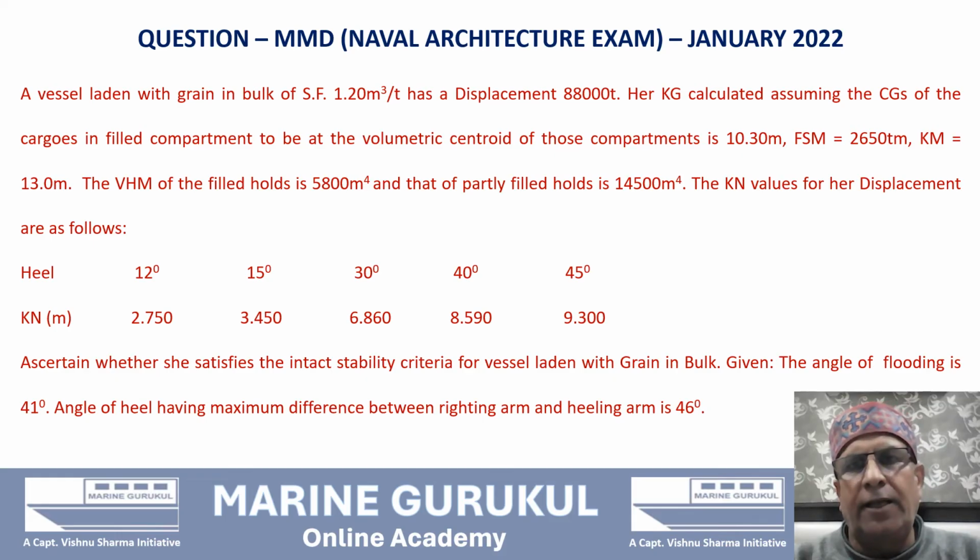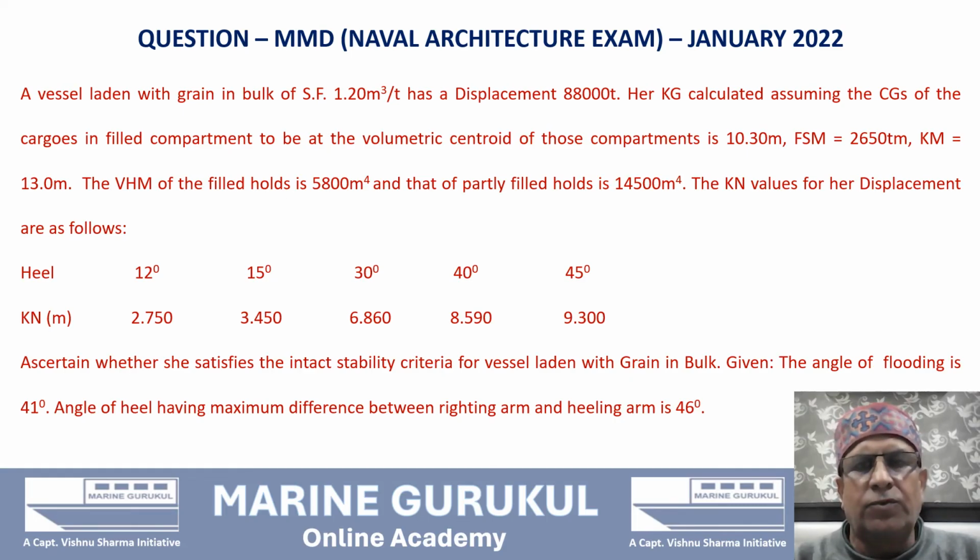Her KG, calculated assuming the centers of gravity of the cargoes in the filled compartments to be at the volumetric centroid of those compartments, is 10.30 meters, FSM 2650 ton meter, KM 13 meters. The VHM of the filled holds is 5800 meter raised to power 4, and that of partly filled holds is 14,500 meter raised to power 4.